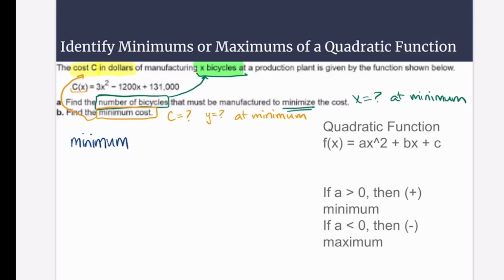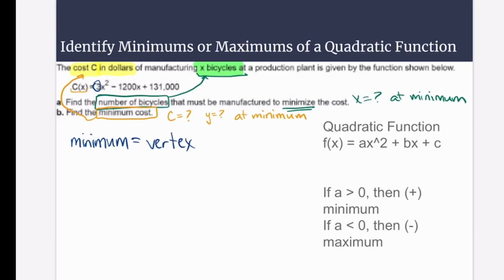I know it's a minimum because it's starting with a 3x squared, right? So the cost function is 3x squared minus 1200x plus 131,000. This is a calculator question. Don't be a hero. So it's a minimum. The minimum is going to happen at a vertex.